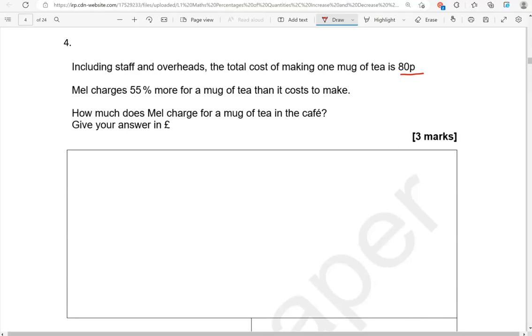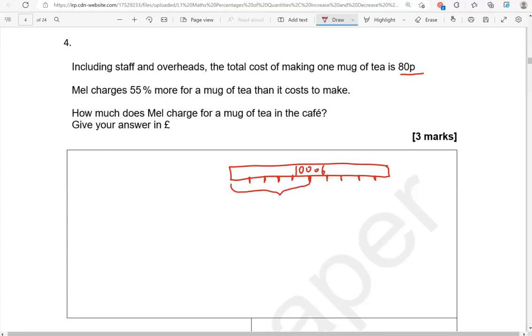55% can be worked out in different ways. So if I represent the 100% amount here, 50% will be about here. So I'm going to carry on and split this into 10 equal parts.